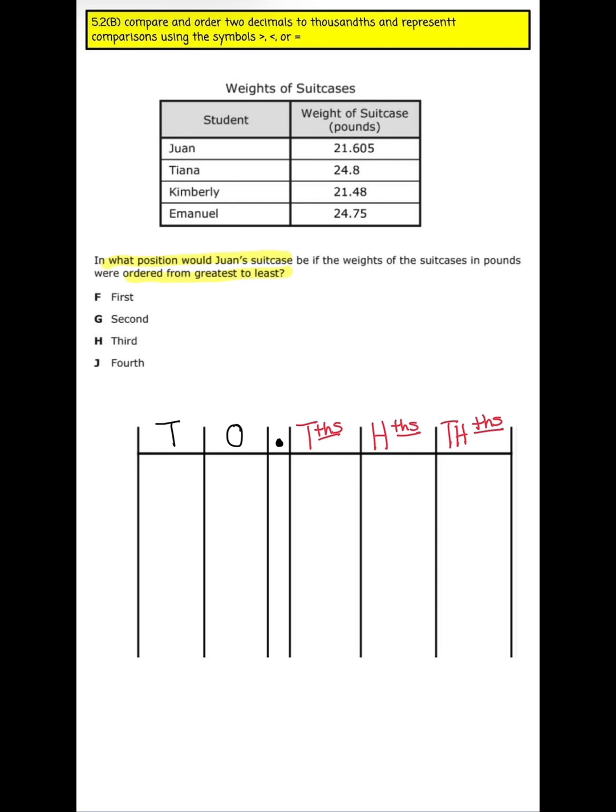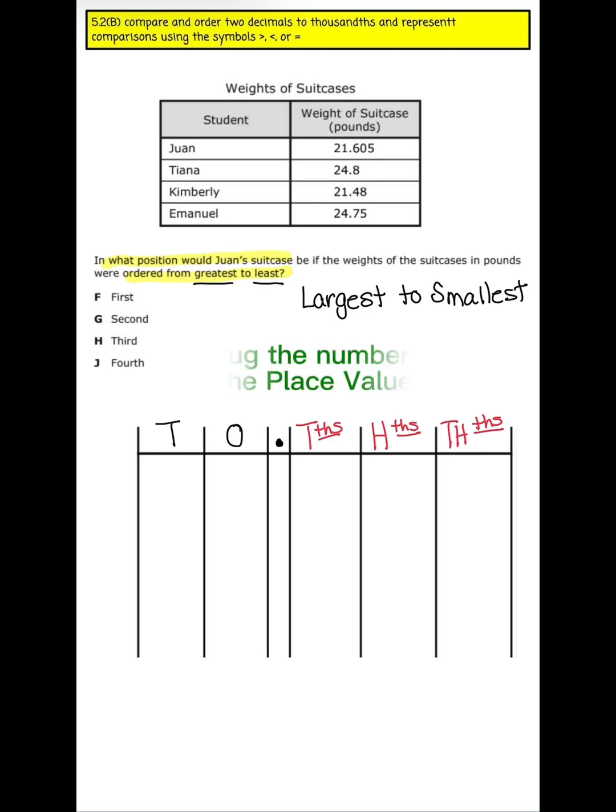Now that I've created my place value chart, I see that I'm ordering the weight of the suitcases from greatest to least or largest to smallest. So now we'll start by plugging our numbers into the place value chart.